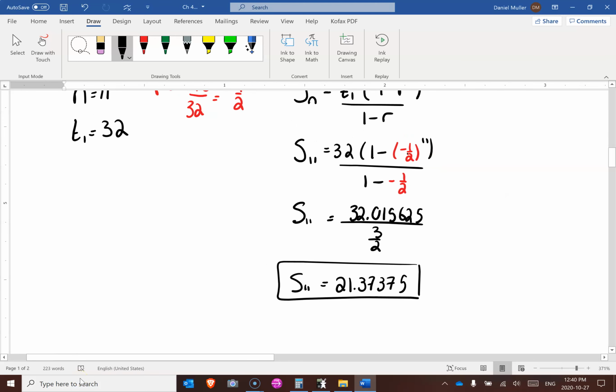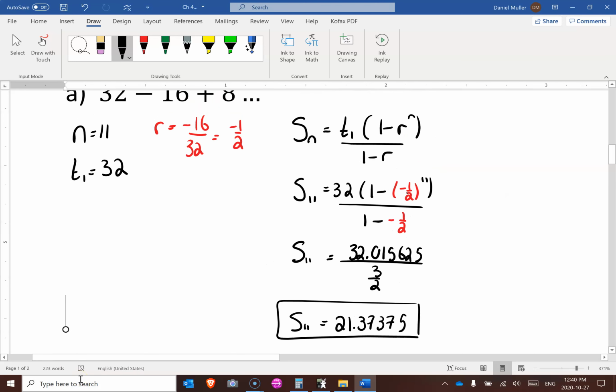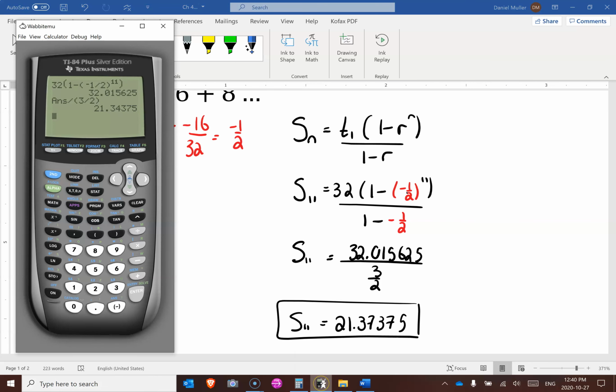So, yeah, I don't know what to think of this other than this is really calculator heavy. I had to put all of this into my calculator. I mean, you can kind of maybe work backwards. If I do this over again, you go 1 minus, then you have to put brackets, negative 0.5 instead of 1 over 2 to the power of 11.